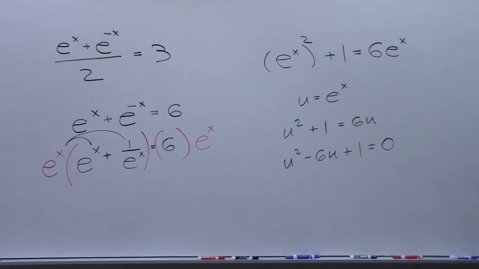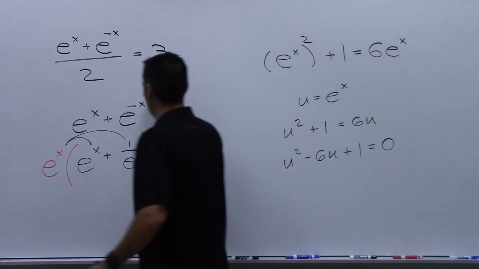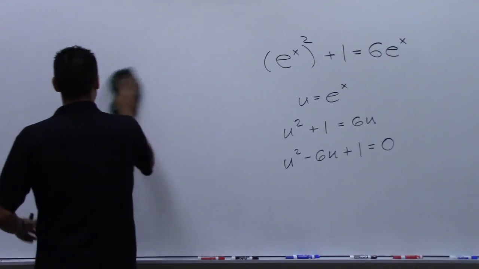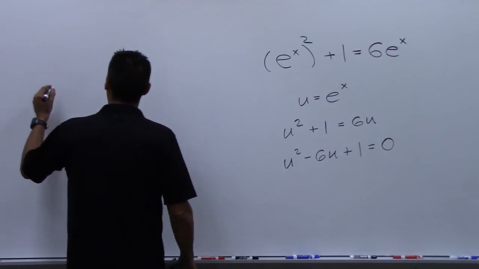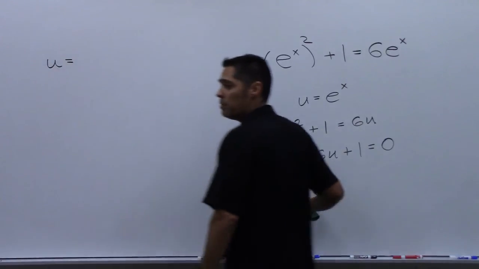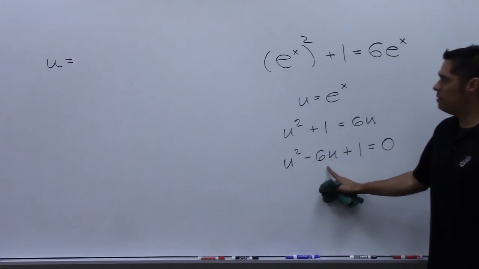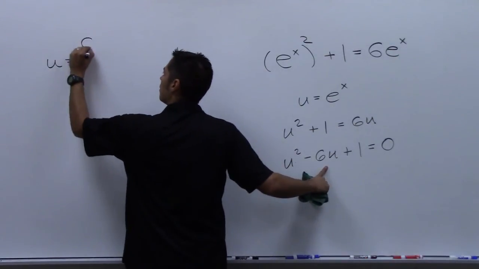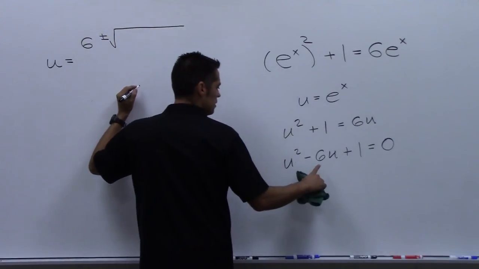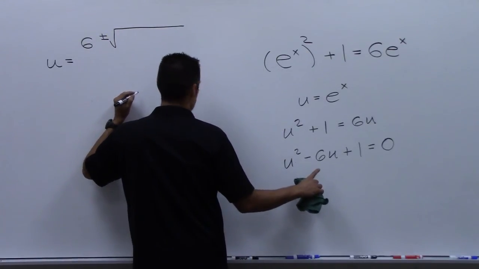That all right? That's not going to factor. So you have to do what? Quadratic formula. You remember the quadratic formula, right? I'm going to write u equals, not x, because my variable is u. Negative b, so 6, plus or minus the square root of b squared minus 4ac.